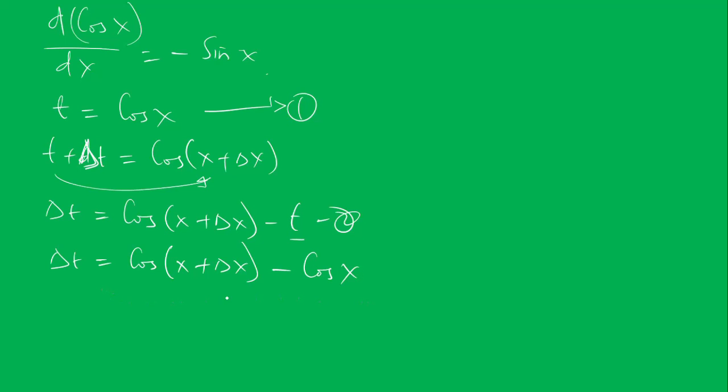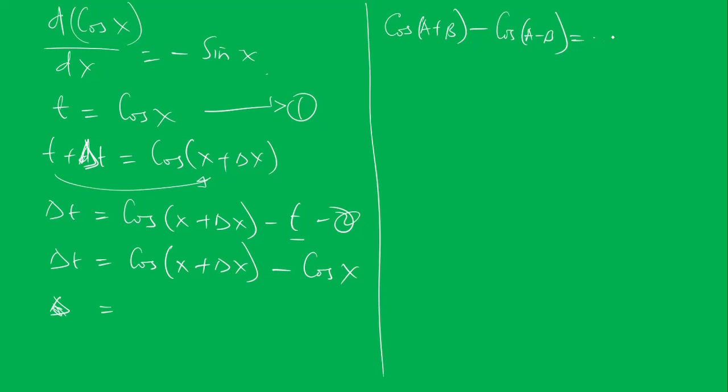Now if you divide all through by delta x, you have, but before we do the division, let's apply the product formula. The product formula states that cos of a plus b minus cos of a minus b is equal to minus 2 sine a sine b.